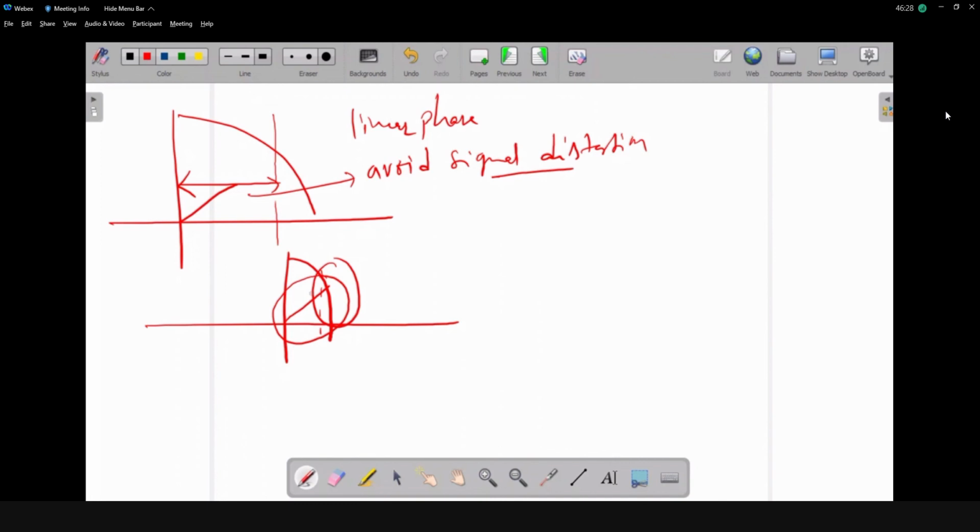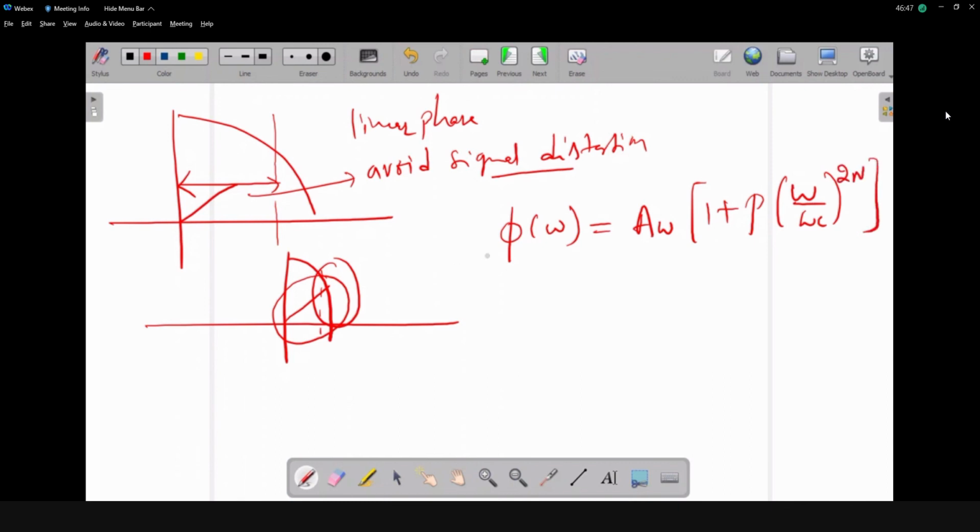If you see the phase response of the filter with respect to frequency, it will give omega into 1 plus p into (omega by omega c) to the power 2n.